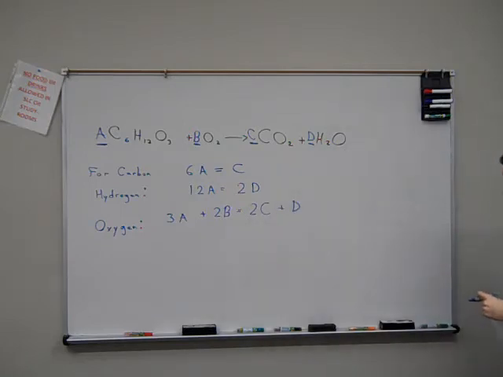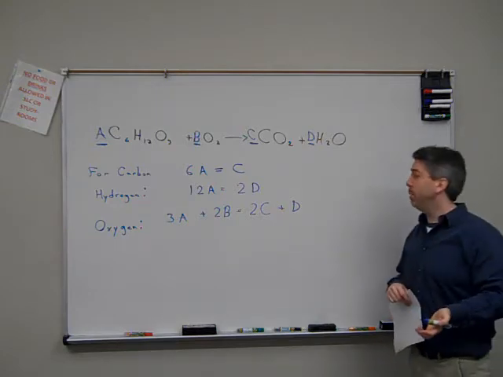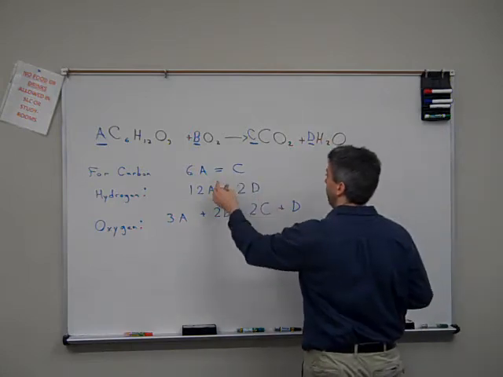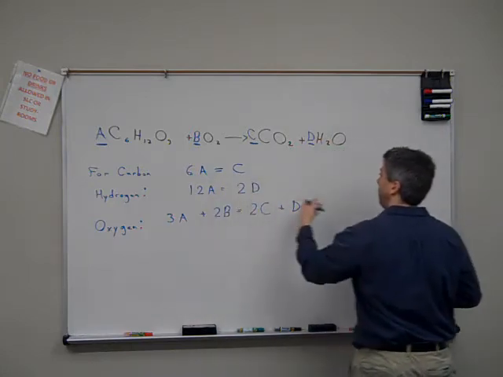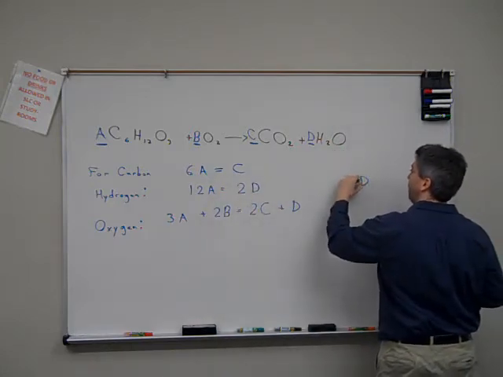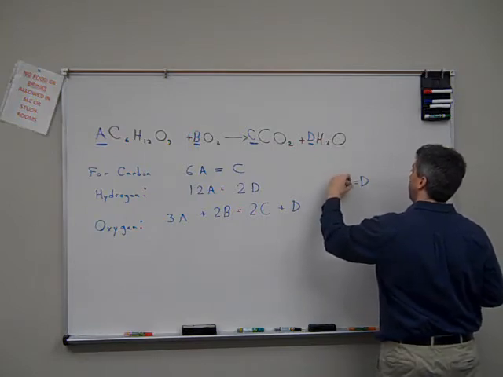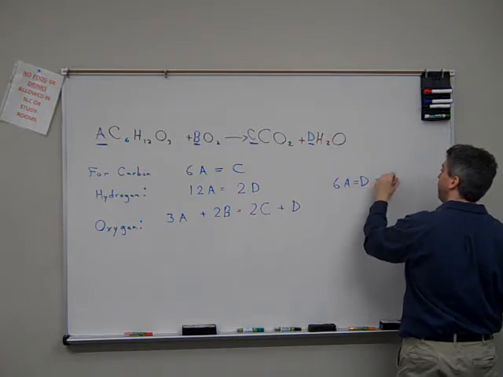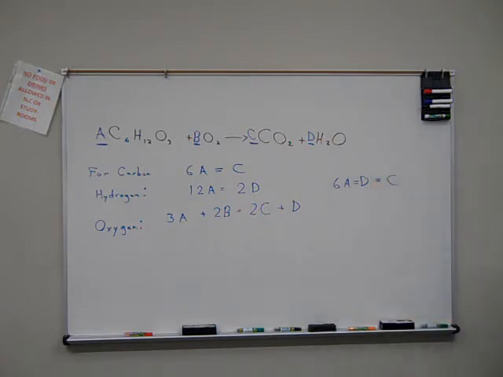Okay. So what I do here is I have to use this as a system of equations. I know that C is equal to 6A. If I divide both sides by 2 here, I get D is equal to 6A. So 6A is equal to both D and C, right?